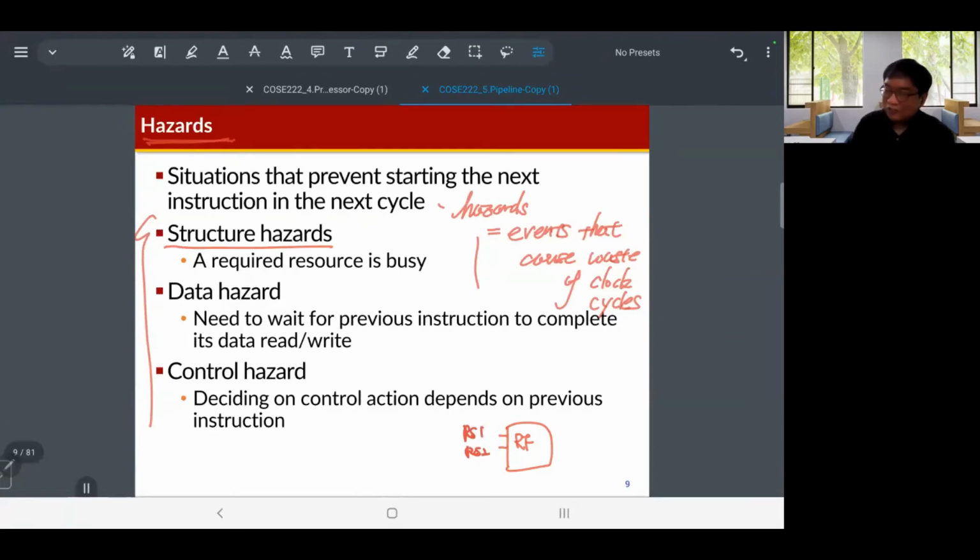And let us assume that some weird instruction requires three source registers, like add RD, RS1, RS2, RS3, meaning RS1 plus RS2 plus RS3.